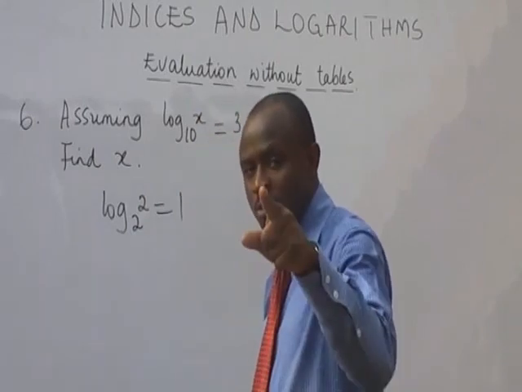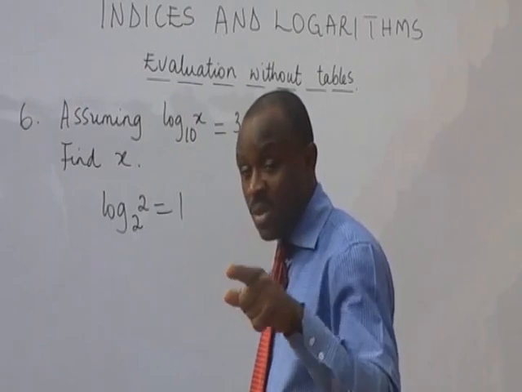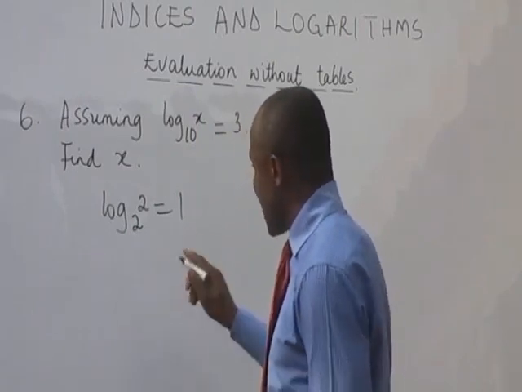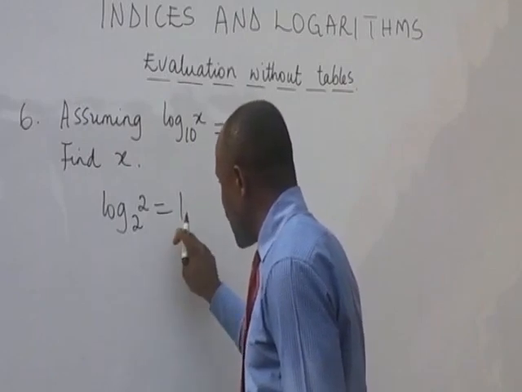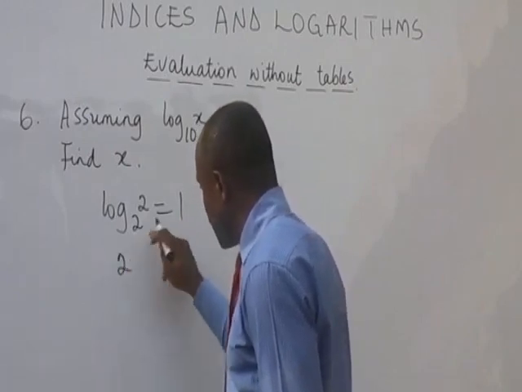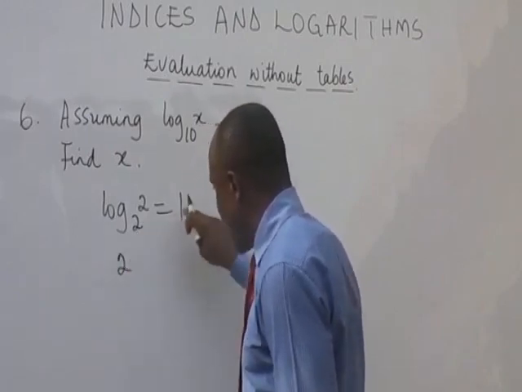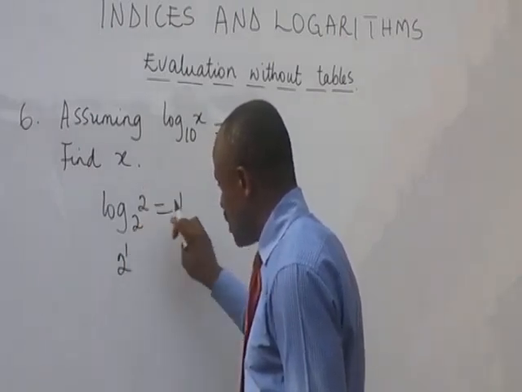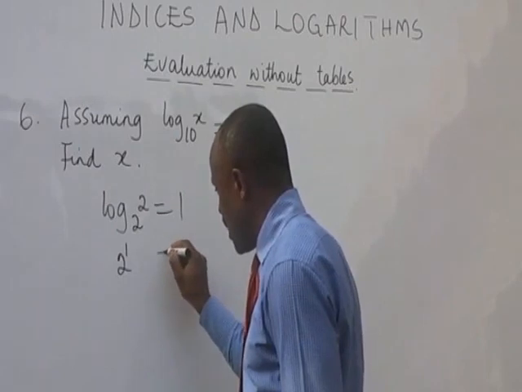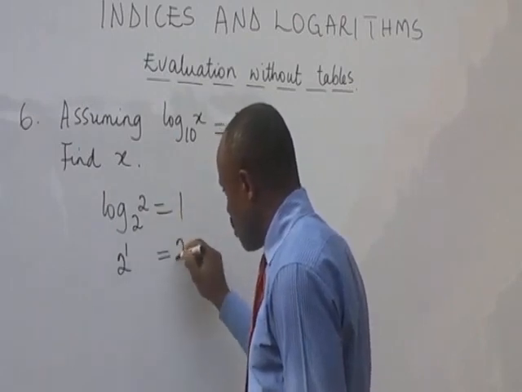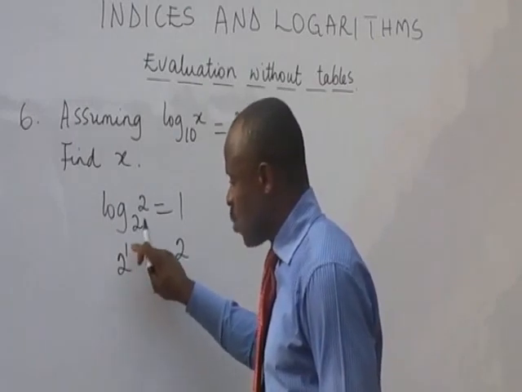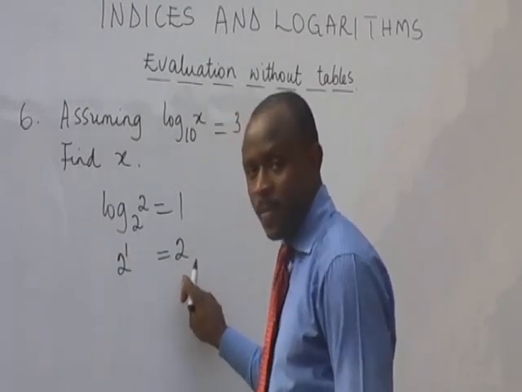The log of u to base u is also 1. So if you have that in mind, that means that this 2, which is the base, exponent 1, is the same thing as 2, which the log expresses, because 2 exponent 1 is equal to 2.